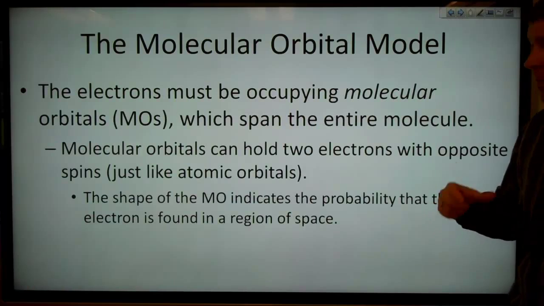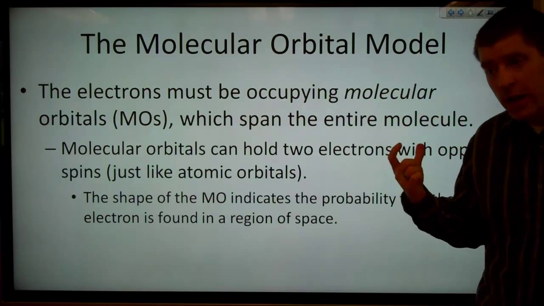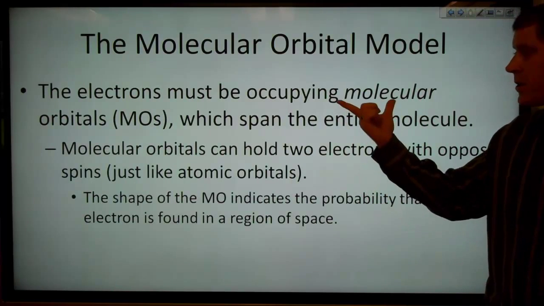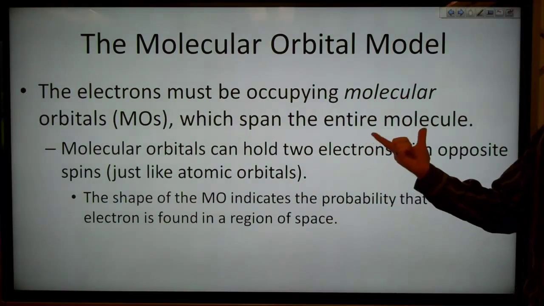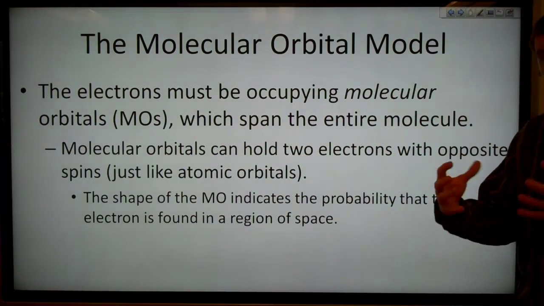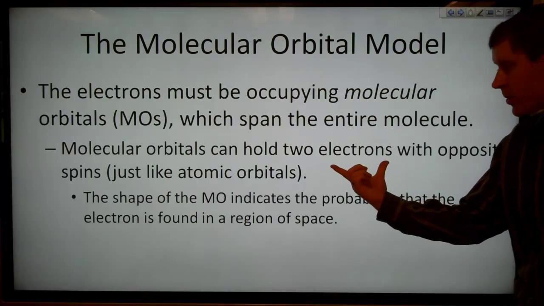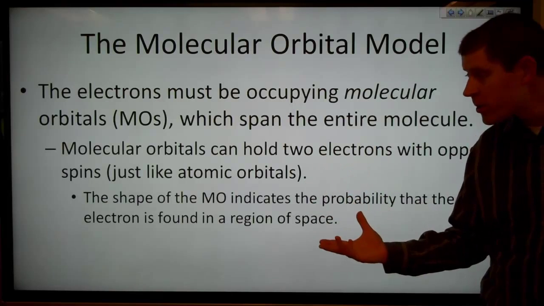We have to be using something new, something that is lower in energy, that allows those electrons to get lower in energy and release energy to the environment. So these electrons have to be occupying molecular orbitals, or MOs, which span the entire molecule, not just one of the two atoms. So molecular orbitals can hold two electrons, again with opposite spins, just like the atomic orbitals can.